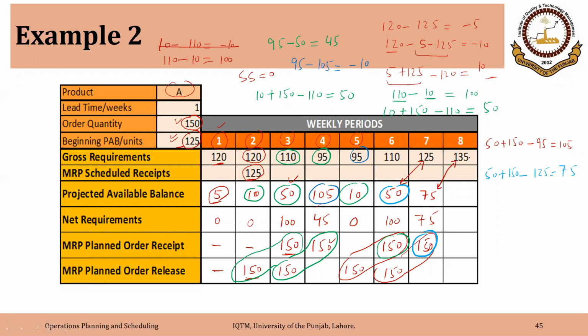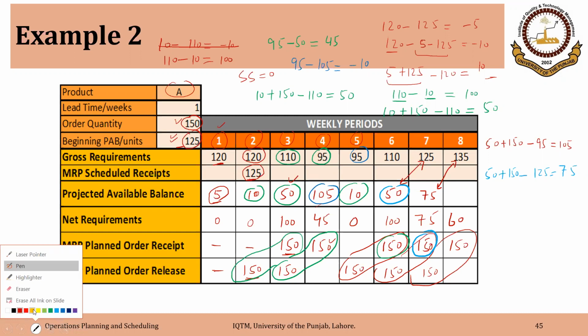And again, the net requirements are positive, 135 minus 75. So that will be 60. So the net requirements are 60. And we need a plan order receipt here. Order is placed 1 week earlier so that this is received here. So what is the total on hand in this case? So that is ending inventory from previous period.